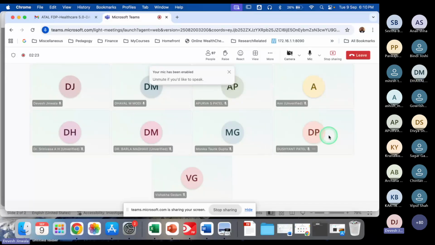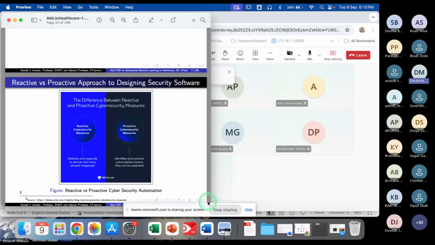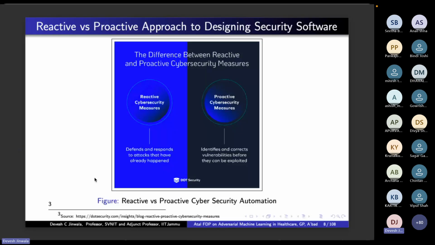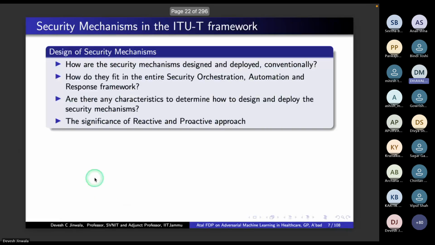Audible, sir. Are you able to see my screen? And slides also changing? Now, changing the slides. Please confirm whether you are able to see the slides being changed or not. Yes, sir, visible. Slides also visible, sir.